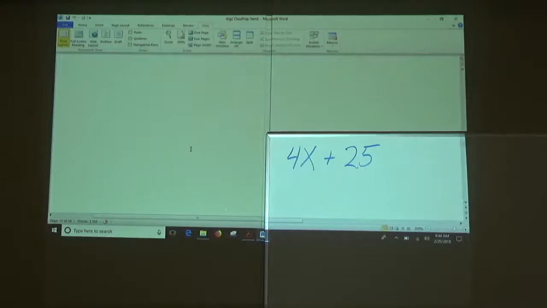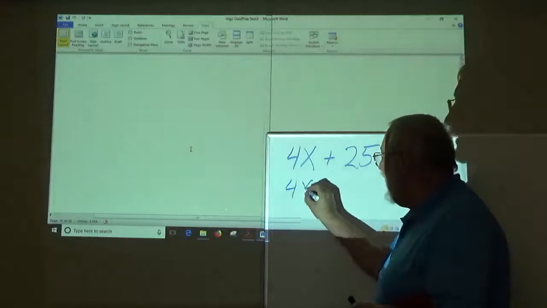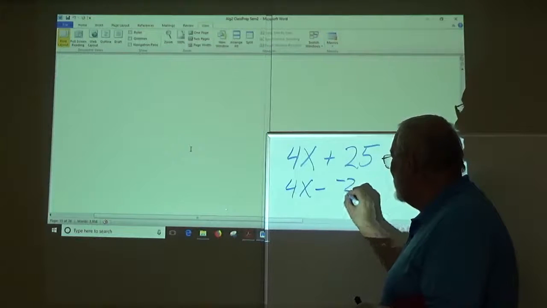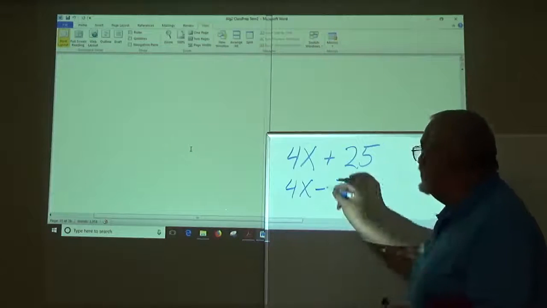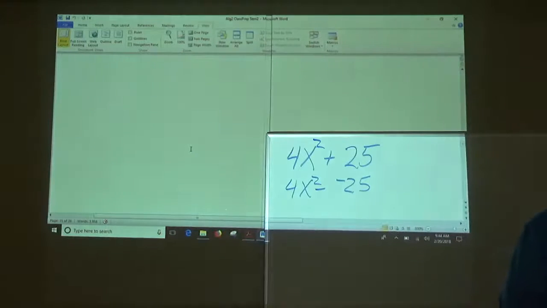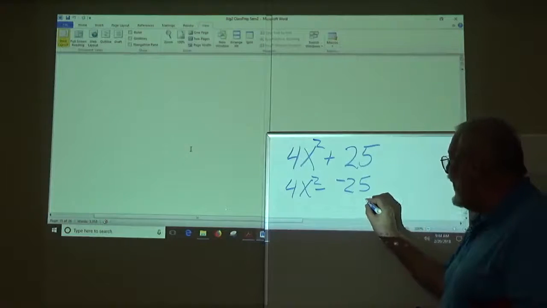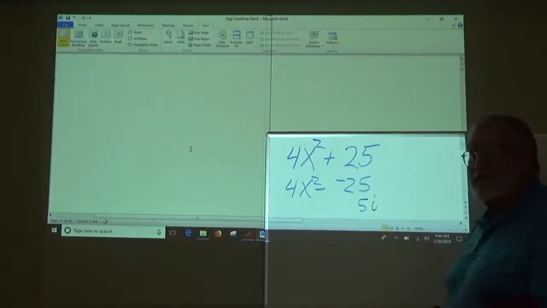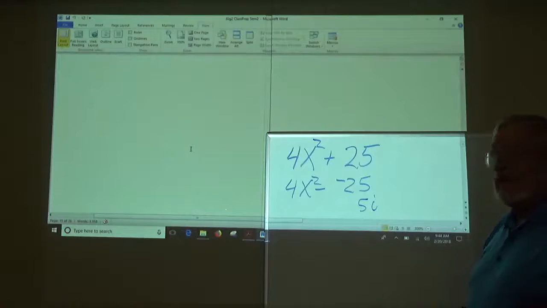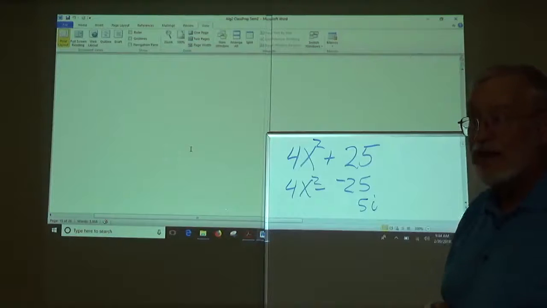The answer is yes, it is, because this is 4x squared minus negative 25, and you should know that the square root of negative 25 is 5i. i is the imaginary number for the square root of negative 1.